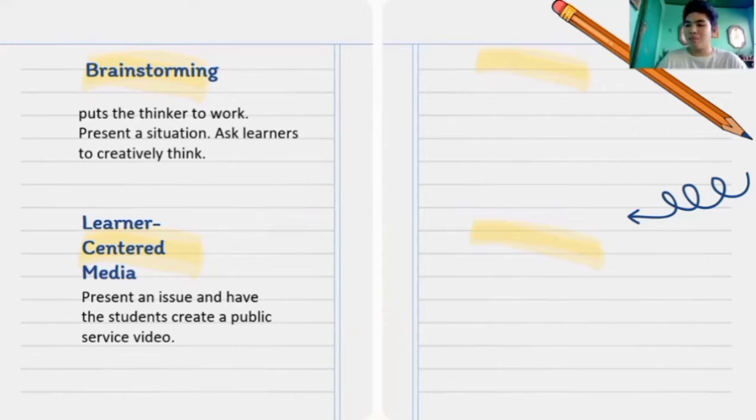So that's it. Through learner-centered media, they could enhance their learning process and allow themselves to be creative in putting their knowledge on the said topic.